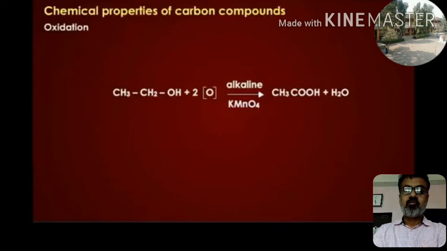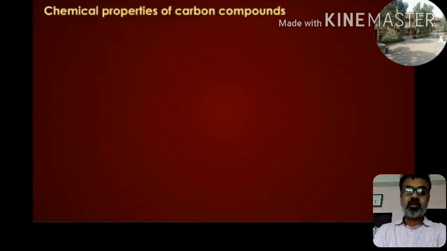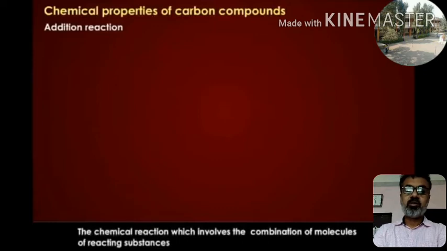Carboxylic acid is obtained if you react ethyl alcohol with oxygen in the presence of KMnO4. For example, ethanol when oxidized gives ethanoic acid in the presence of nascent oxygen. Nascent oxygen means newly formed oxygen.